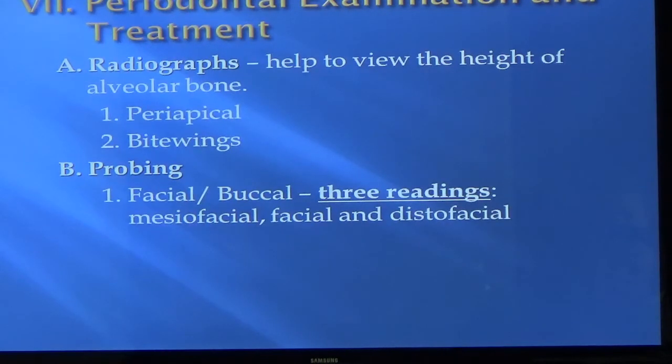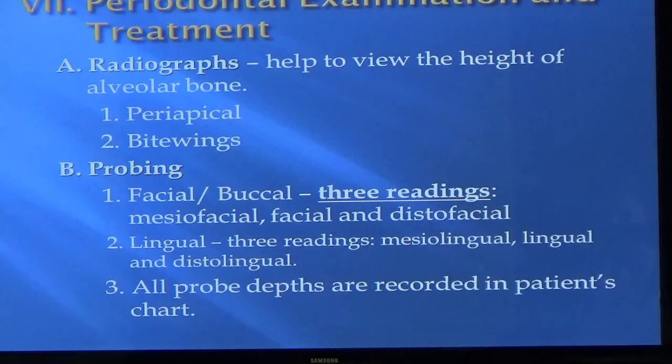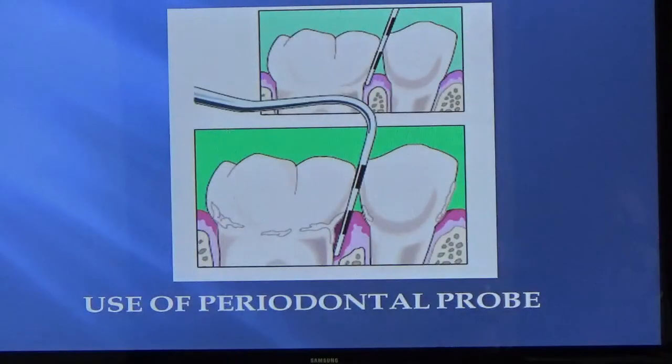There are 3 readings on each side, so 6 probing depths, and you chart those. You know how to probe. Every marking on the probe is 3 millimeters. So this would be a 6 millimeter pocket. This would be a 2 millimeter pocket. Healthy, unhealthy.